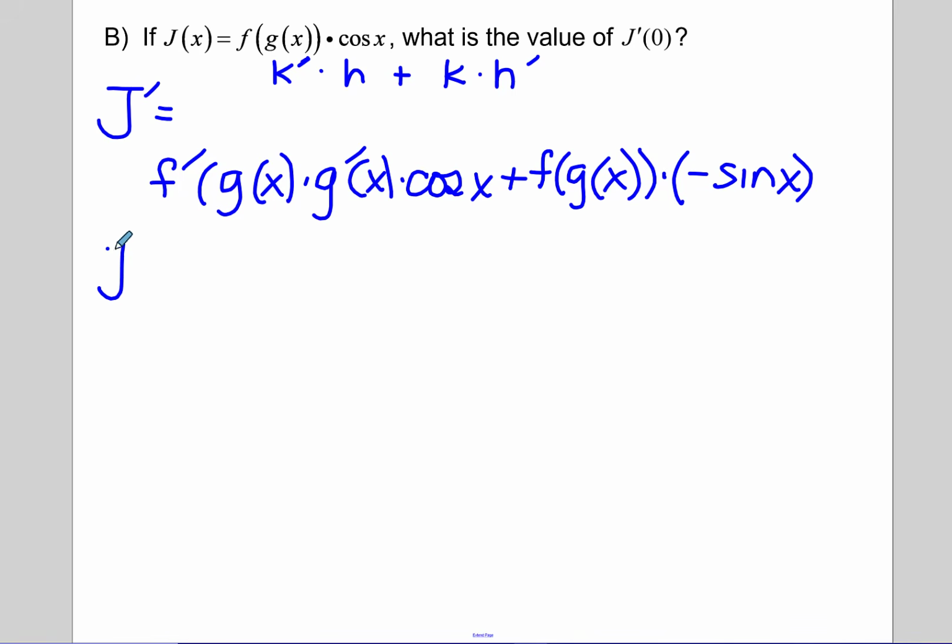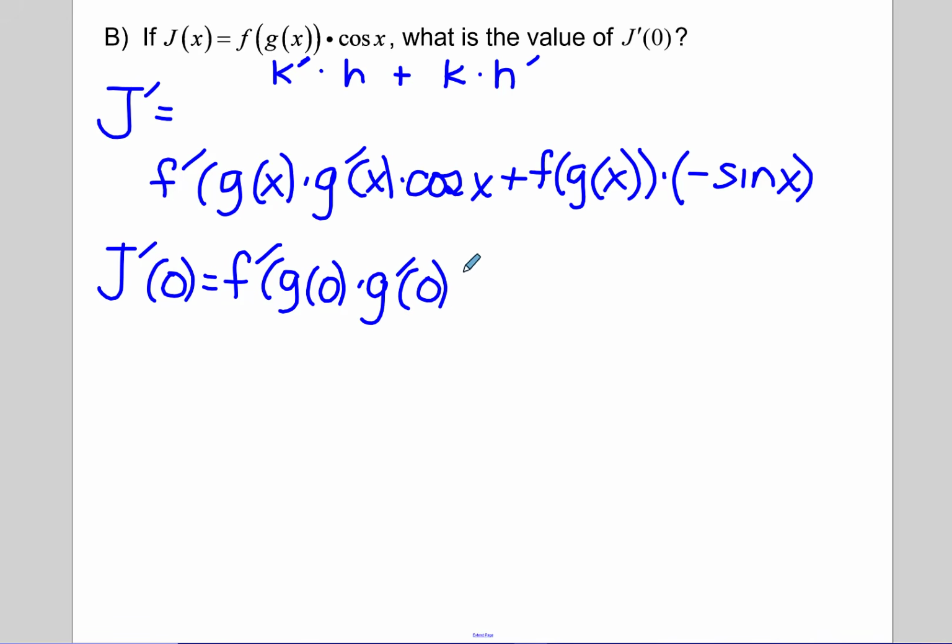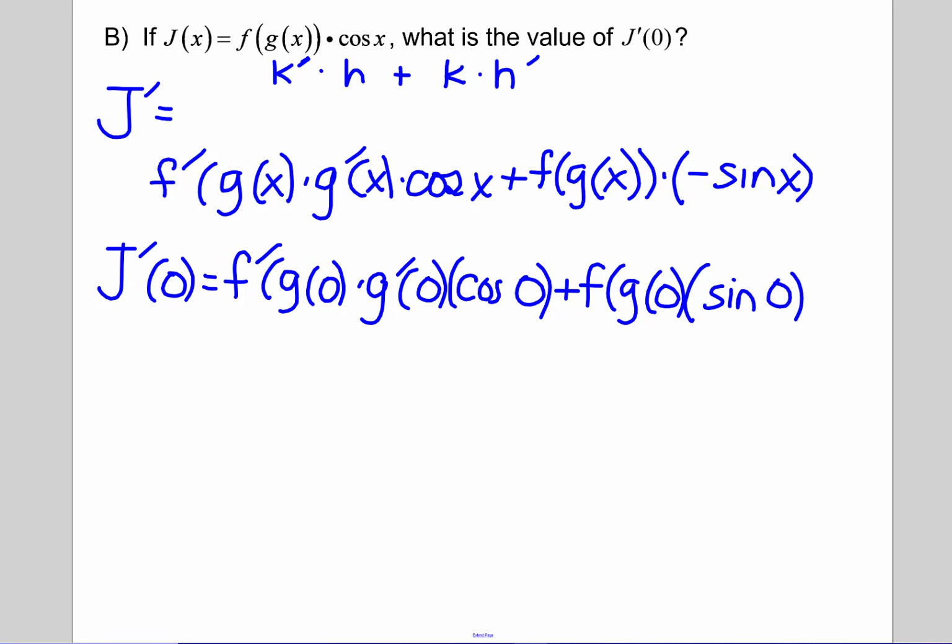Okay, so the j prime of 0, we're going to have to go back and look at our table again, is going to be f prime of g of 0 times g prime of 0 times cosine of 0, plus the f of g of 0 times the sine of 0.